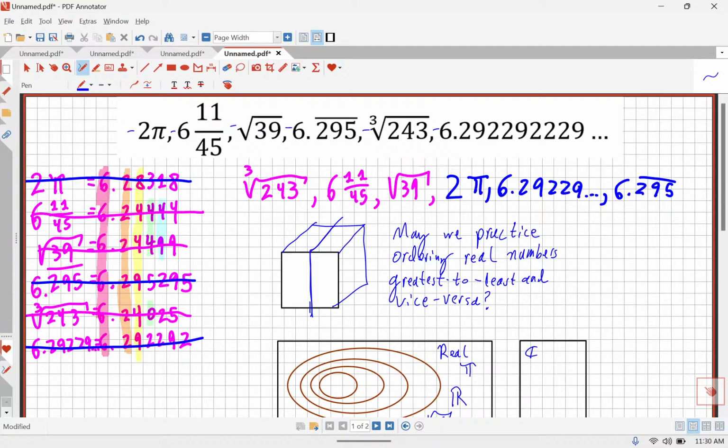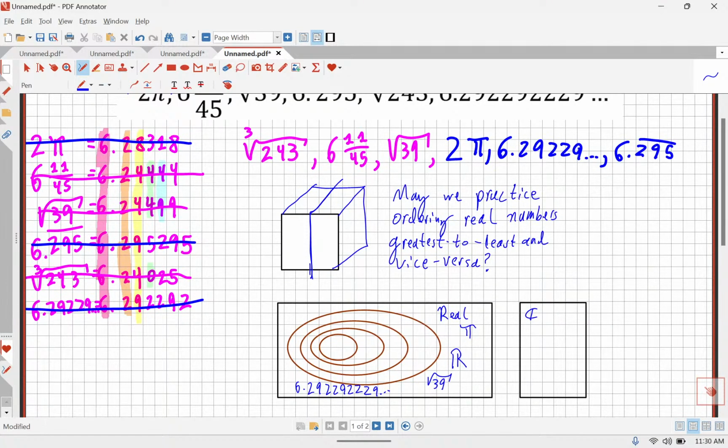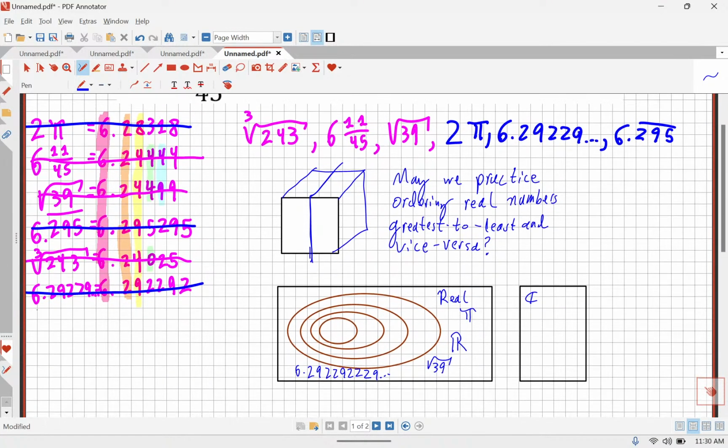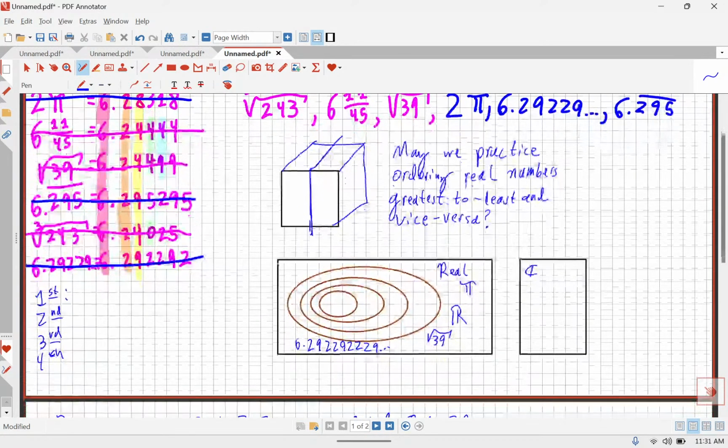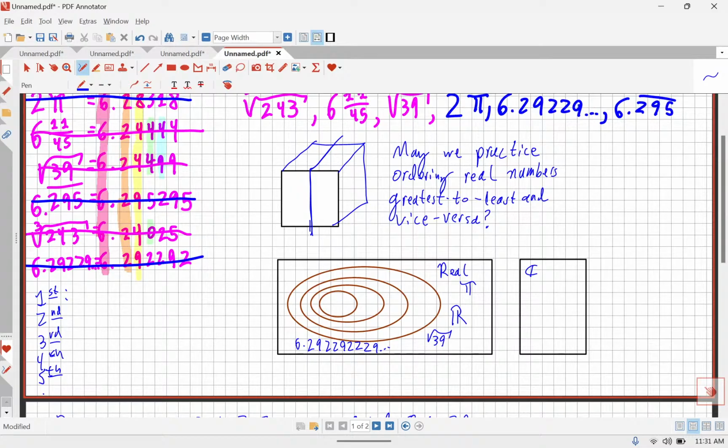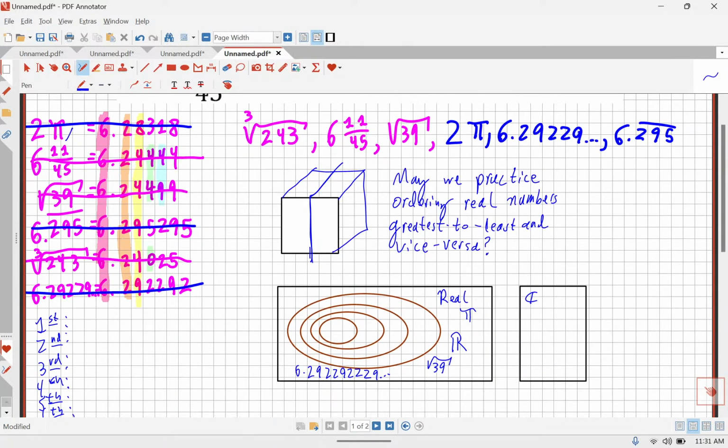Guys, how it works, it's like a drop-down menu, where if I said I want this in order from least to greatest, I would say the first on the list, second, third, fourth, fifth, sixth, and what I would do is I would give all of these a label. Like this would be number A, number B, number C, number D, number E, number F.